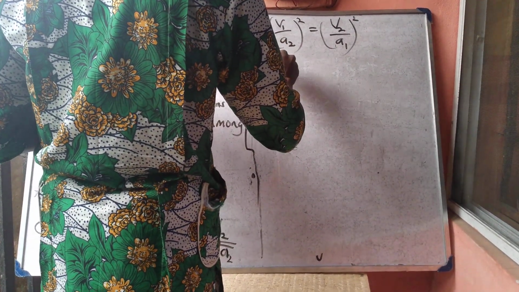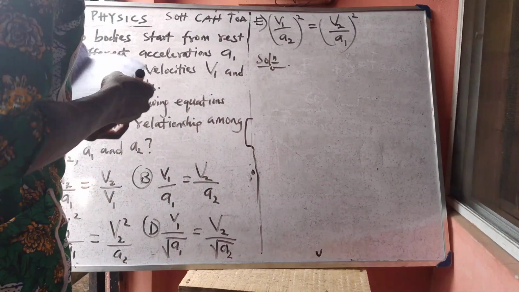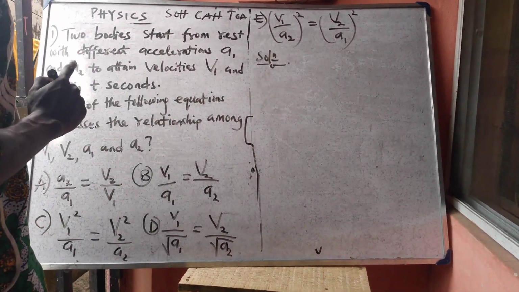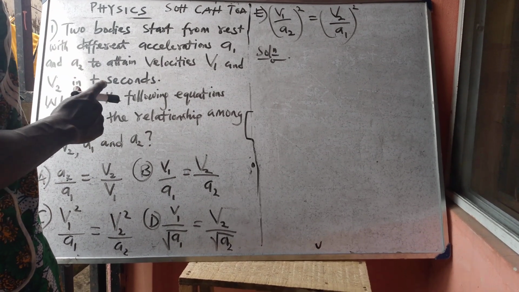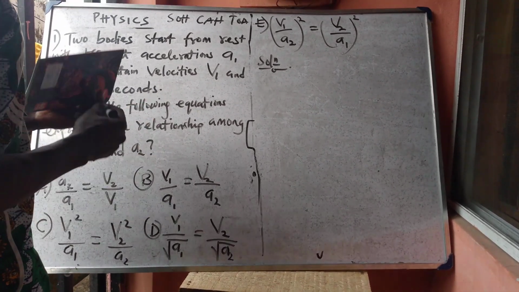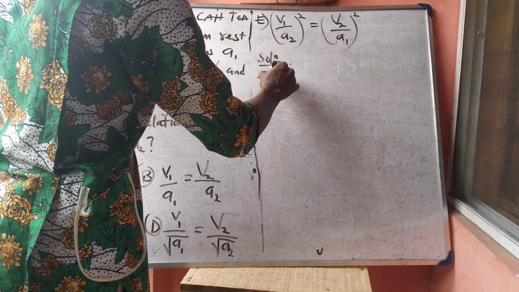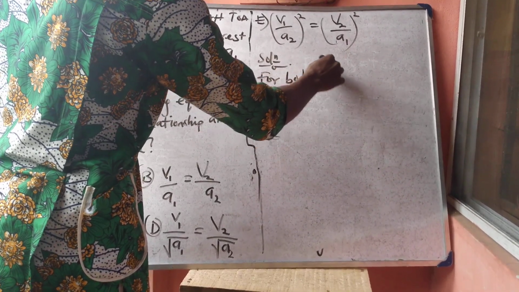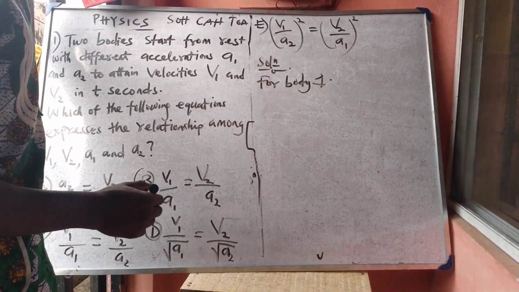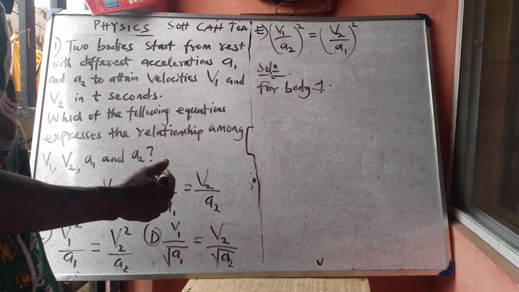Solution. Let's look at this problem. Two bodies start from rest with different accelerations A1 and A2. So for body 1, when a body starts from rest, its initial velocity is 0.